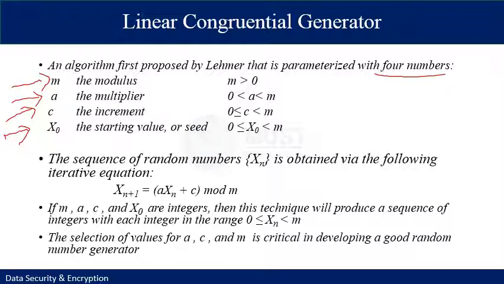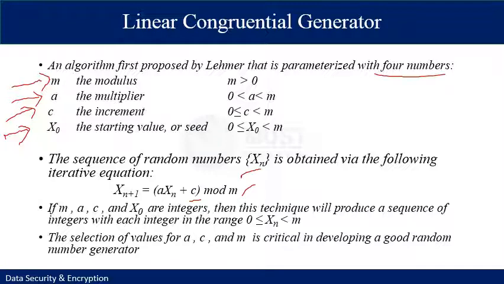The sequence of random numbers is referred to as xn, and it is obtained via the following iterative equation. To generate every new random number, you multiply the number generated in the previous round by the number a, add the increment c, and take the modulus with m.